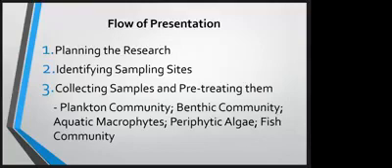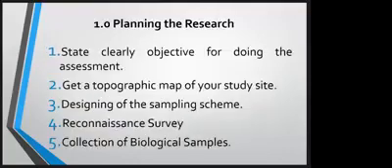So let's now know how to plan the research. First, when you deal with freshwater and coastal researches, you need to state clearly the objective for doing the assessment. So, think about what you are going to study and what for.